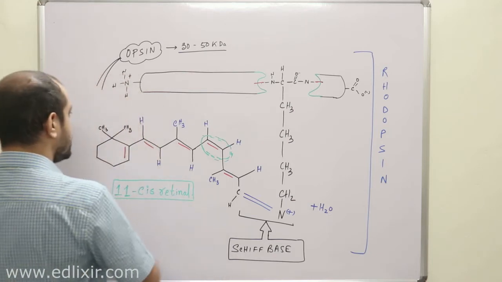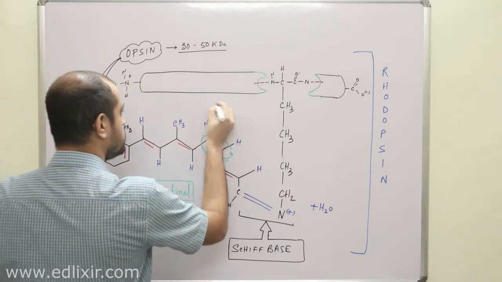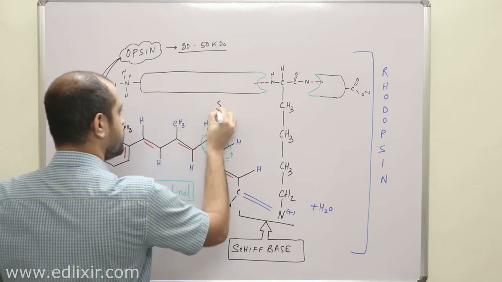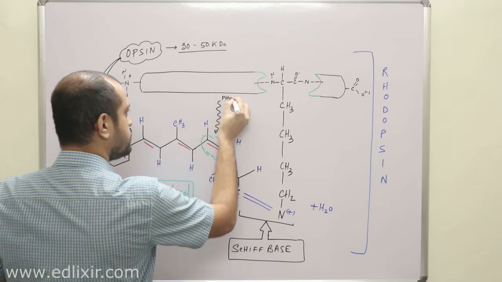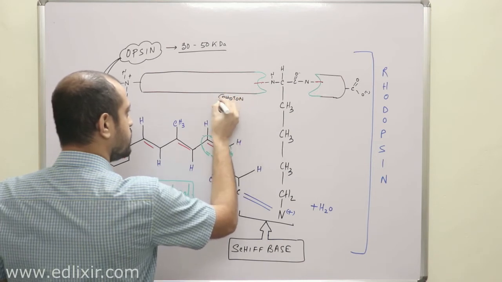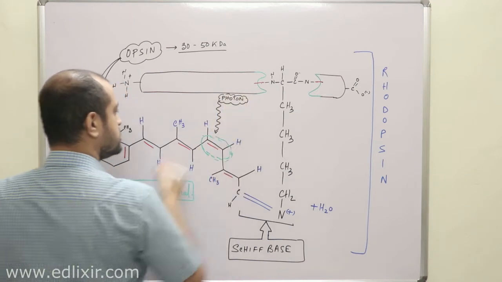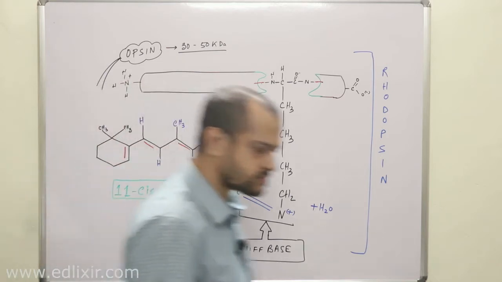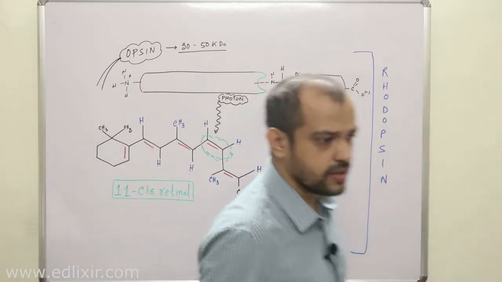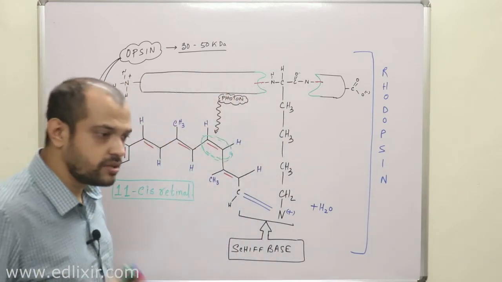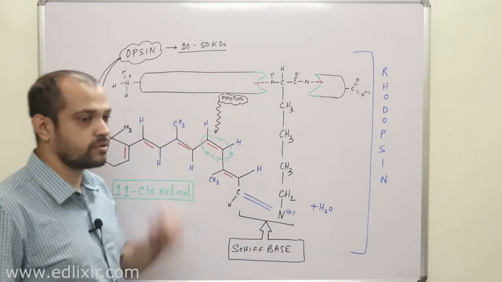Now listen, when a light photon, light means what? Photon, right? When a light photon falls on it. Acha, can you tell me one thing? Which theory are we following when we say light photon?